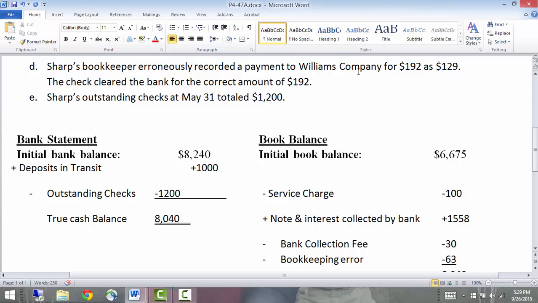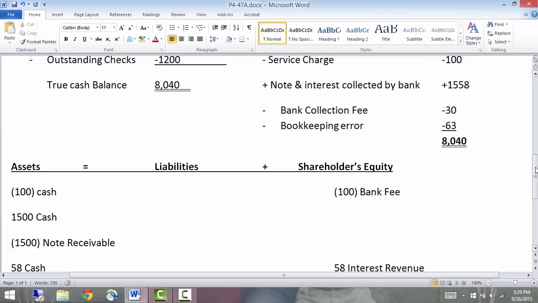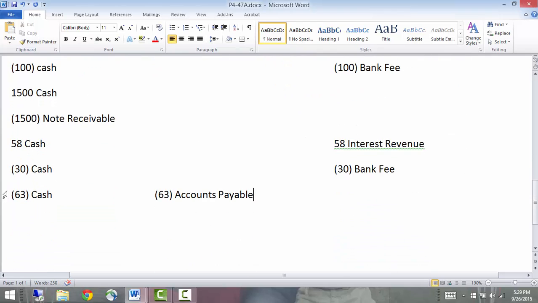And the bookkeeper had written the check for $192, but she had entered it into our accounting equation as $129. Well, in that situation, we would not have an accounts payable adjustment. We would still have the negative $63 cash, but the part that would balance the equation would be a supplies expense, because we didn't write the check to another company. We used it to buy supplies, and we used those supplies up immediately, so it's immediately expensed.